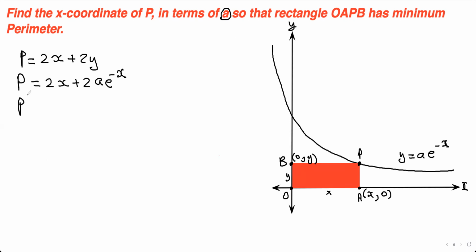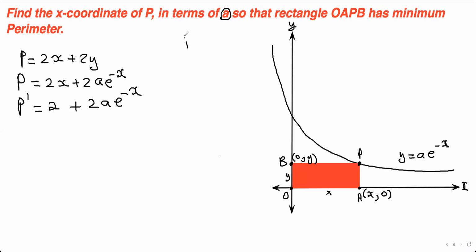So p prime equals, this is 2x, so the derivative of that is 2 plus the derivative of this. 2a is a constant, so it's going to be 2a, and the derivative of e to the negative x is still e to the negative x.